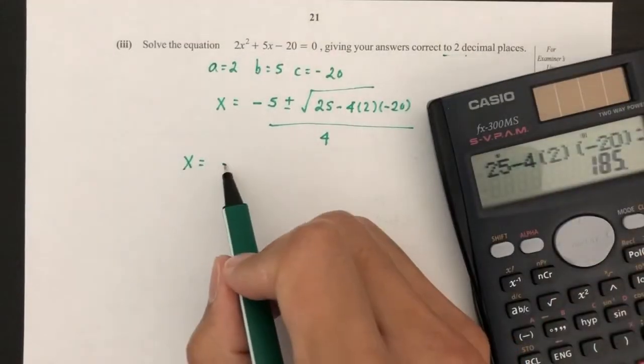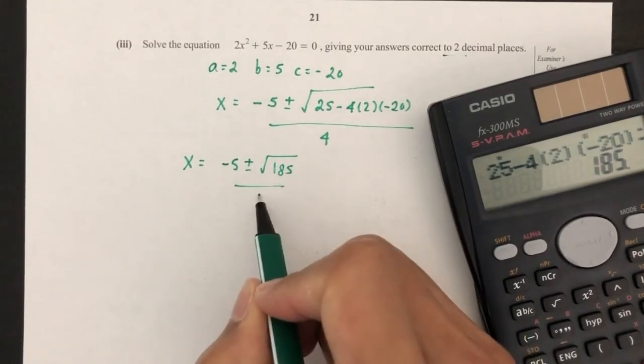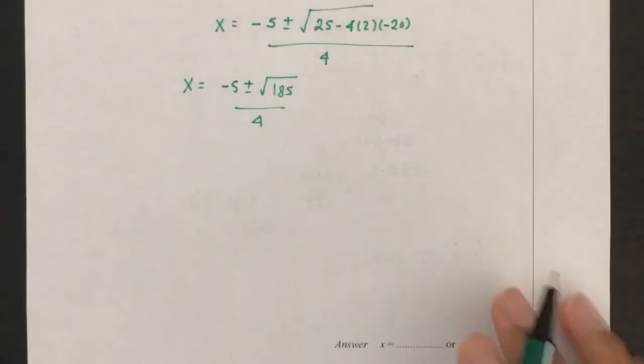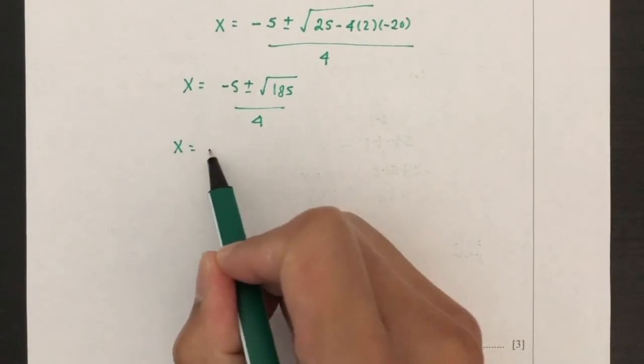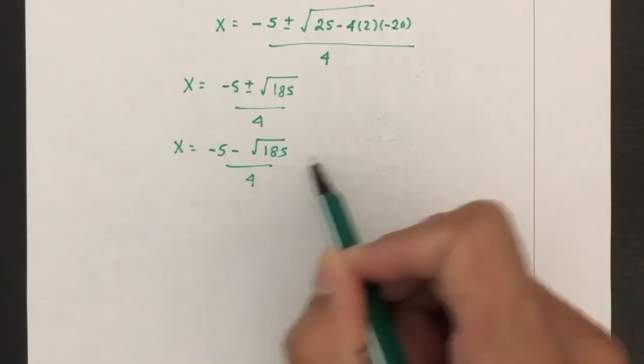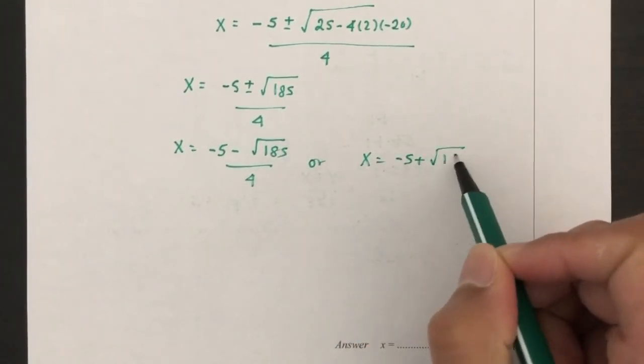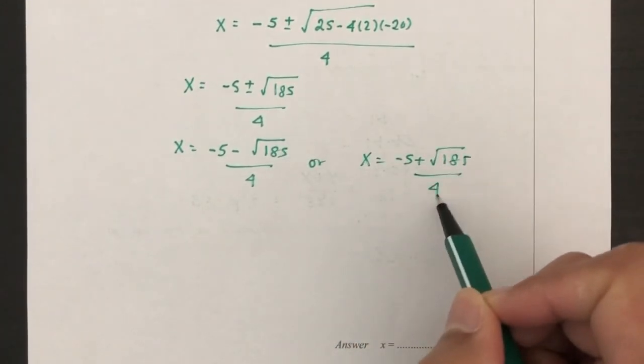That will be 185. So square root of 185 over 4. Now we have two values, so x equal to minus 5 minus root of 185 over 4, or it can be x equal to minus 5 plus root of 185 divided by 4.